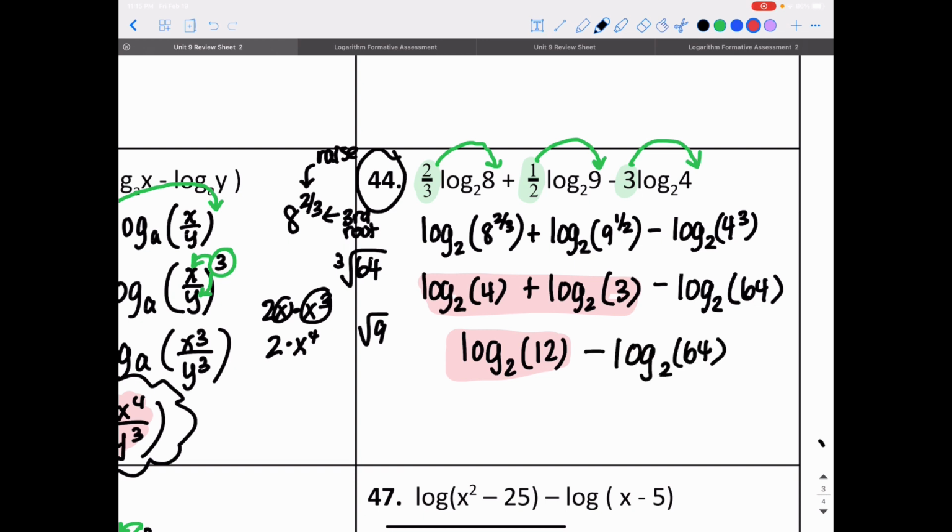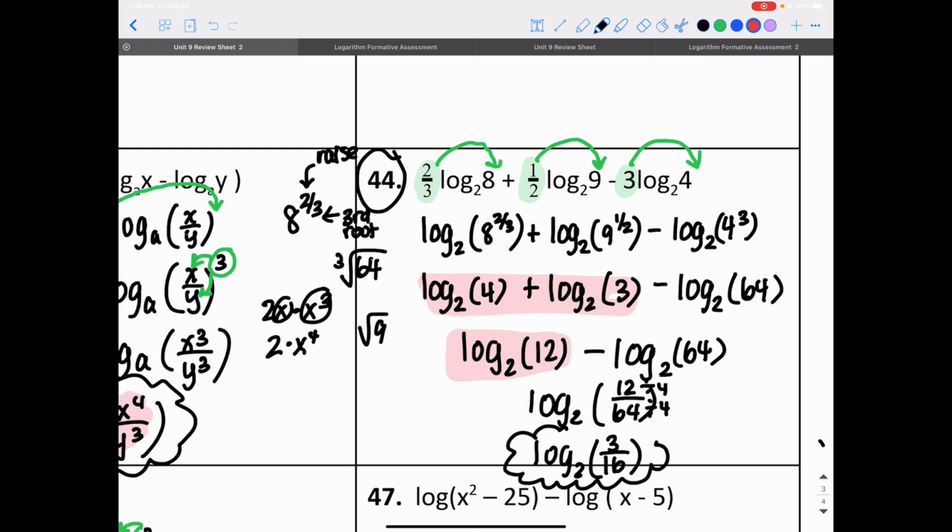Subtraction in between two logarithms with the same base, I combine them using division. I do the number in the first logarithm divided by the number in the second logarithm inside of that consolidated logarithm base 2. And then I simplify always at the end if I can. 12 divided by 64, I can divide by 4 in the top and the bottom. So I have 3 over 16. And this is my final single logarithm by itself with something inside, no fraction exponents.